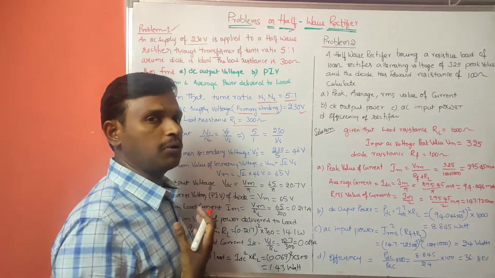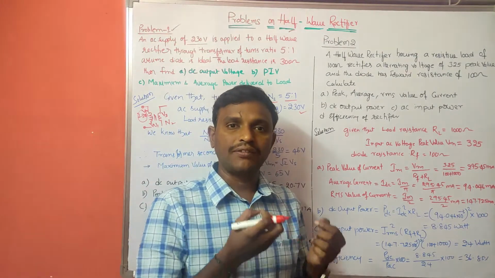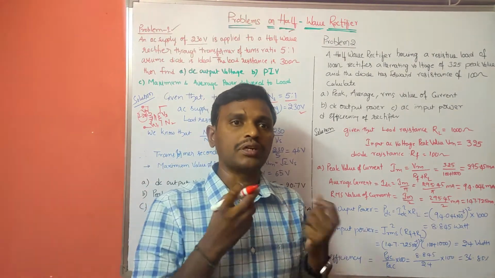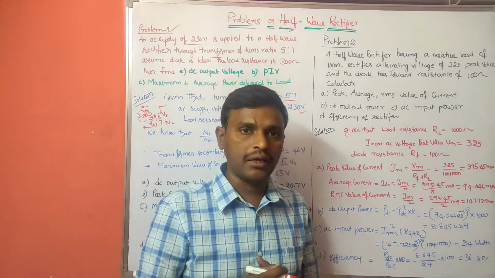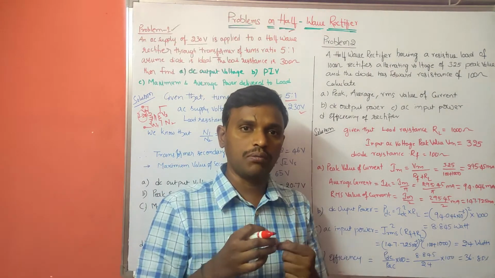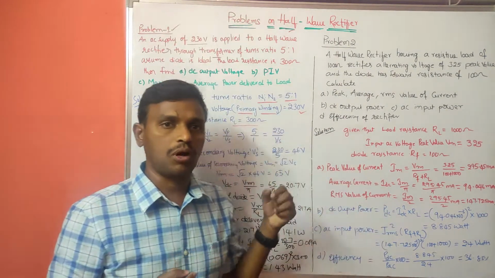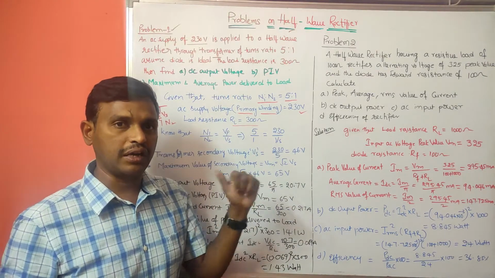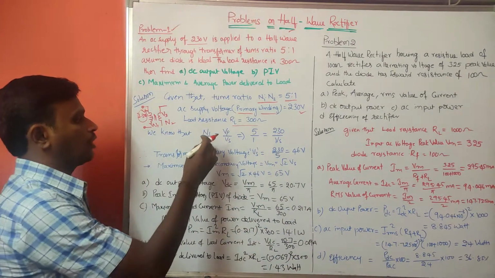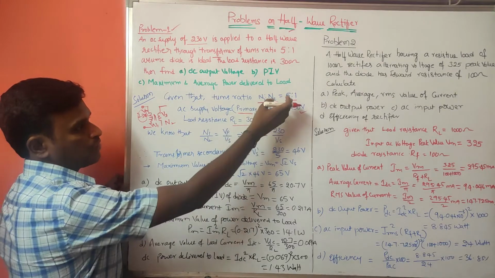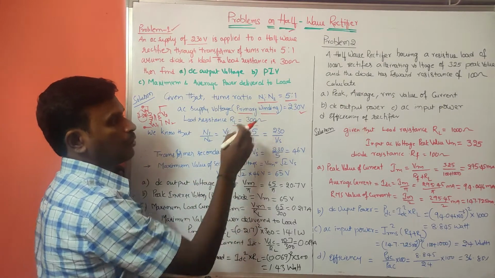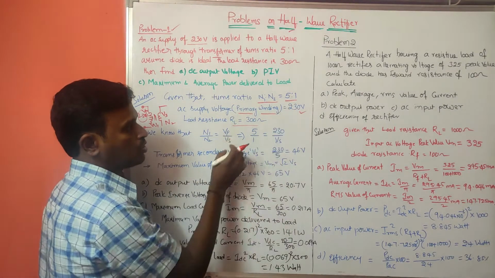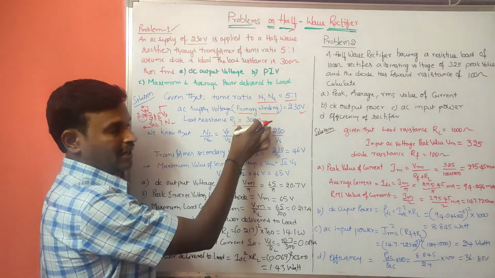Whenever we see a problem, we have to write the given data, and after that apply our known formulas, whether they suit this problem or not. So N1 is to N2 is 5:1, the primary winding voltage is 230 volts and RL is equal to 300 ohms.